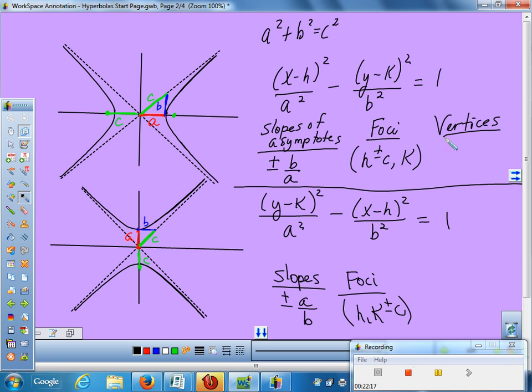So if A is center to vertex, that tells you how far over to the vertex. So you're going to add A on instead of C. And if it's a vertical one, if it's going up and down, you add it to the y-coordinate instead of the x-coordinate.